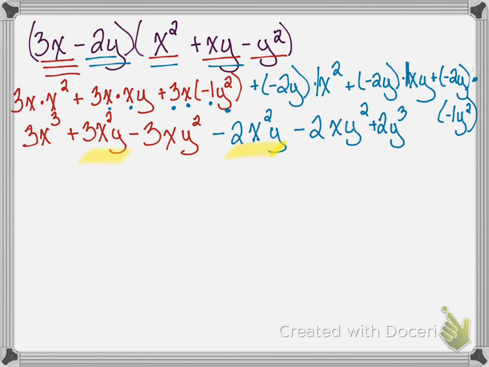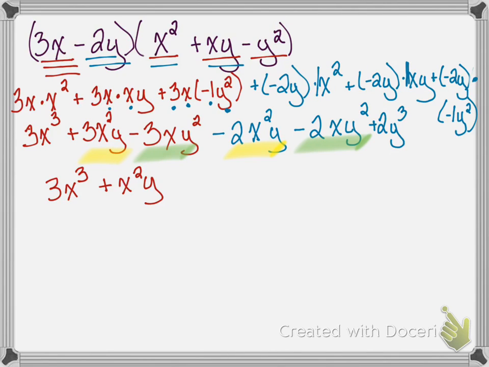Okay? So I'm going to write down my 3x to the third because there's nothing to combine with that. What is 3x squared y minus 2x squared y? X squared y. Good. And if you wrote a 1 there, that's completely fine. Okay? Negative 3xy squared and negative 2xy squared.